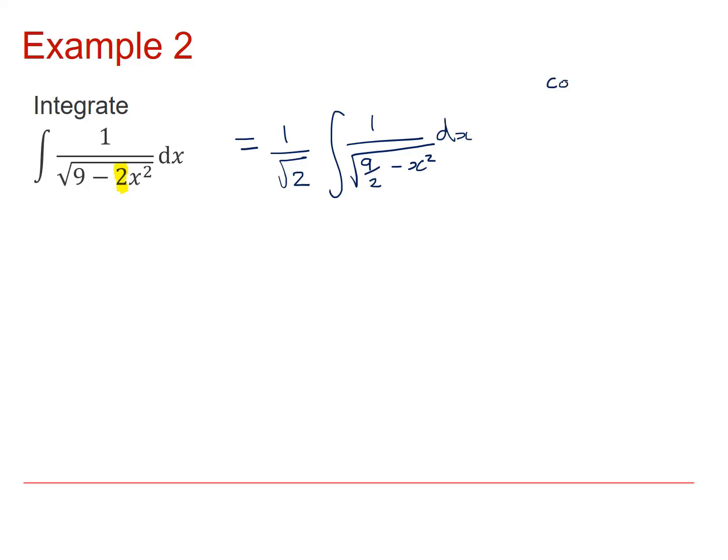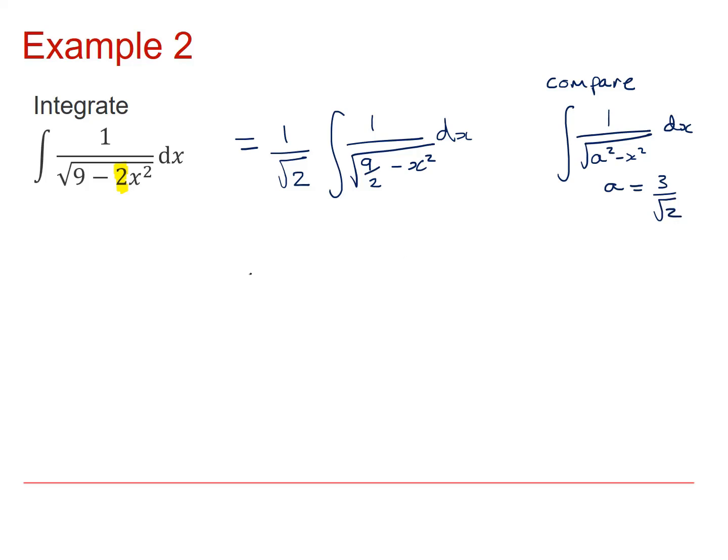Again, let's compare with the standard form, and my standard form is the integral of 1 over root a squared minus x squared. And this bit of it is in standard form with a equal to 3 over root 2.